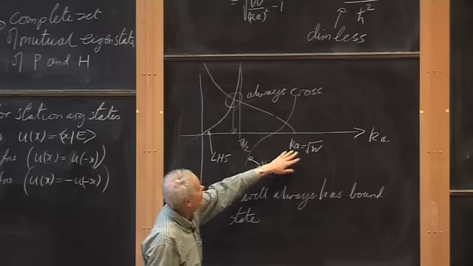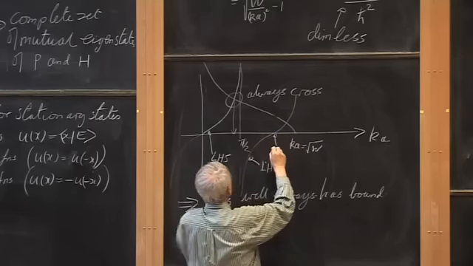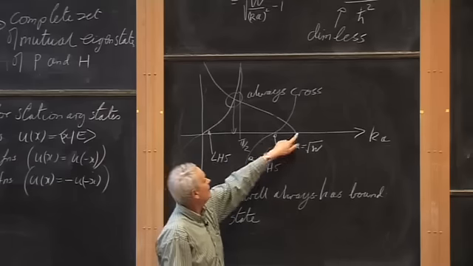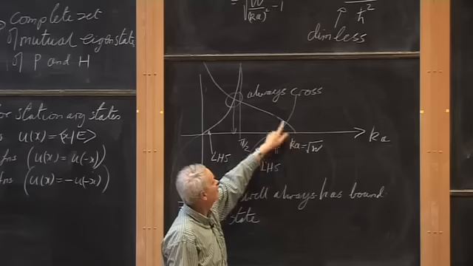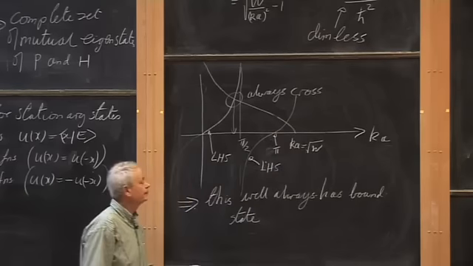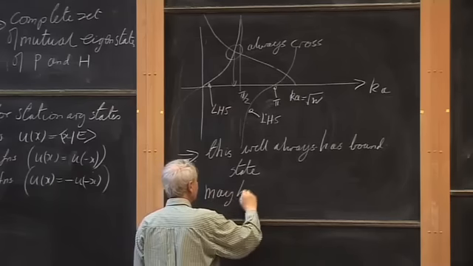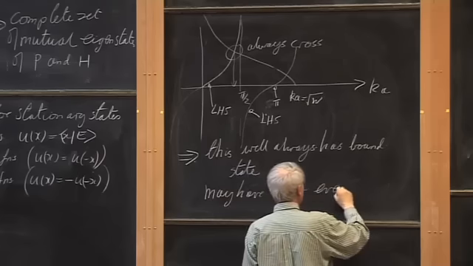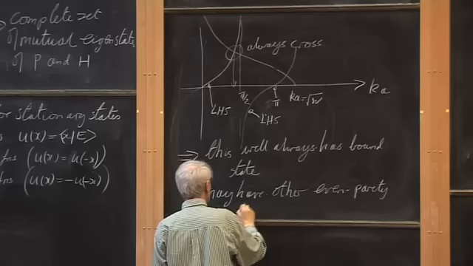If we made Ka smaller than pi, we wouldn't get a second solution. But if we have Ka bigger than this, we do get a second solution. So it may have other even parity stationary states.